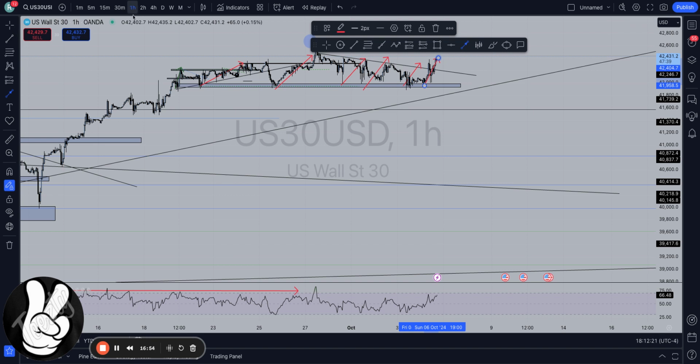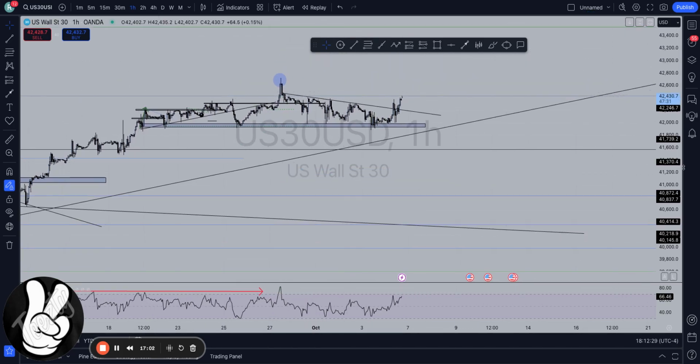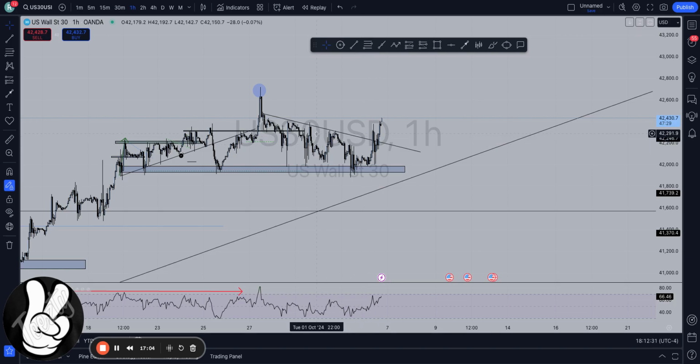Right. And so right now, this trend line right here has been broken. So I want to see it retest one area. If it comes back to retest this area right here, or if it comes back to retest this trend line so it can continue going up.